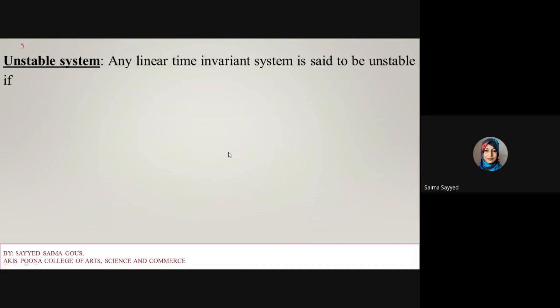Then what is an unstable system? Any linear time invariant system is said to be unstable if, first, for a bounded input it produces an unbounded output. That means the output is not linear or not bounded.